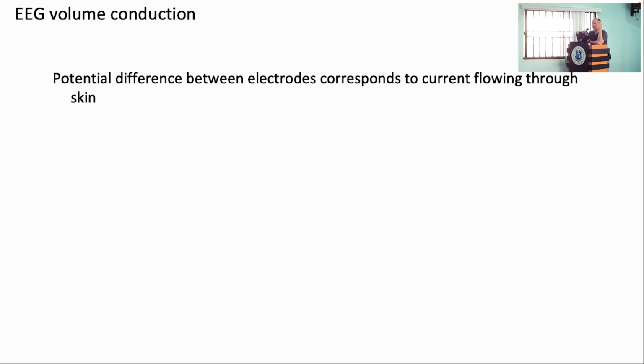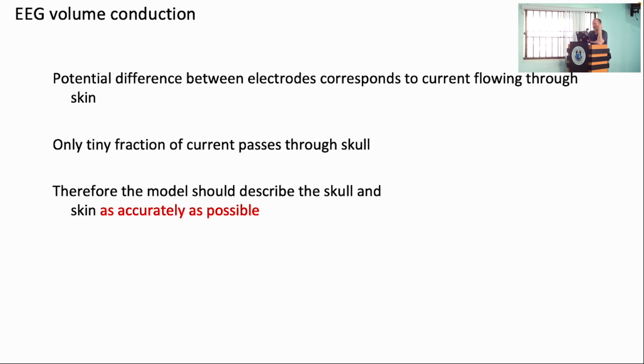So there's only a small fraction of the current that is generated by the brain which is flowing through the skull into the scalp. And that's also one of the reasons that EEG signals are so small. And if we consider this during modeling, we have to model the skull and the scalp as accurately as possible. So even though we're interested in the brain, it's the skull and the scalp that we need to model, because they really affect how the potential distribution is when we record it with the electrodes.